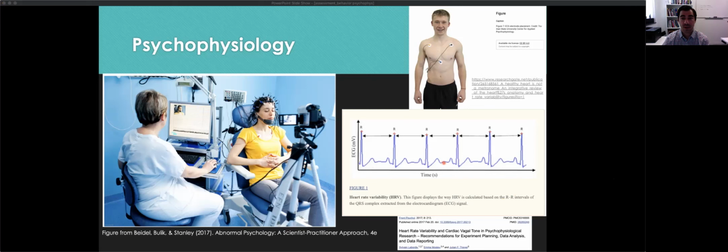Event-related potential is another part in the chapter, which is the idea that you present some sort of stimulus, like a picture or a task, the person has to do something, and you're tracking their brain waves right around that task. So it's the brain activity related to that event. That type of work is really active in psychology as well.